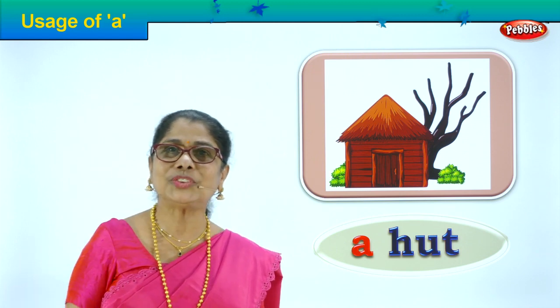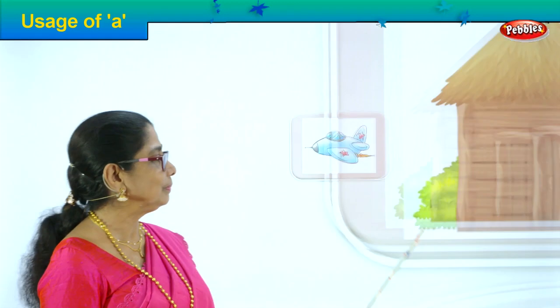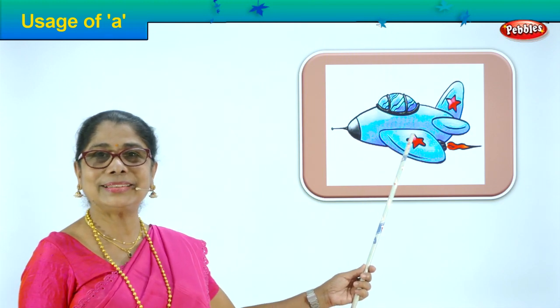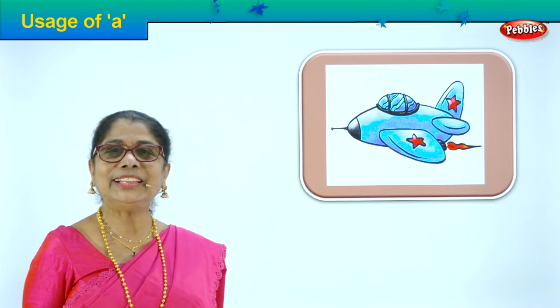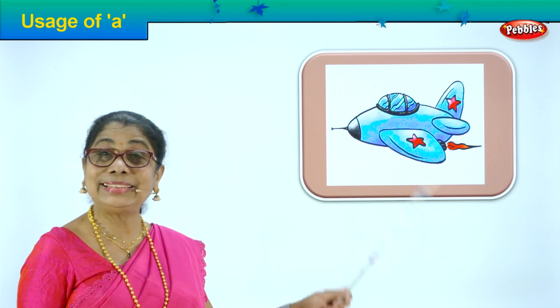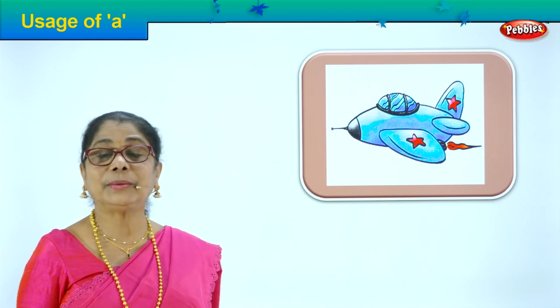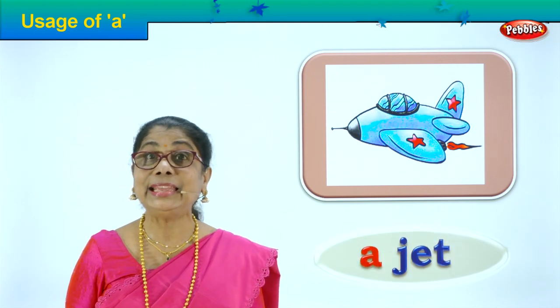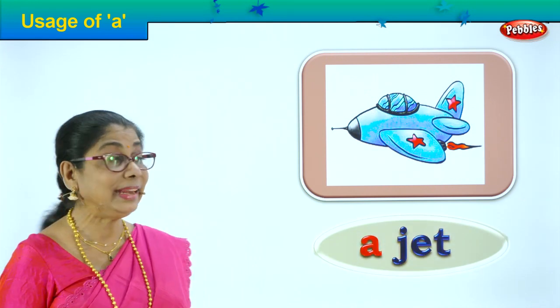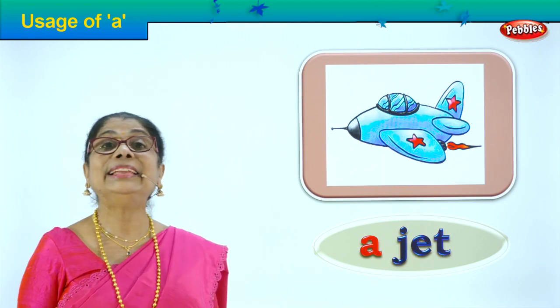Shall we look at another picture? Here we are. Look, you love this. Yes, a toy jet. What is this? A toy jet. Now spell jet. Jet. Say it again. Jet.